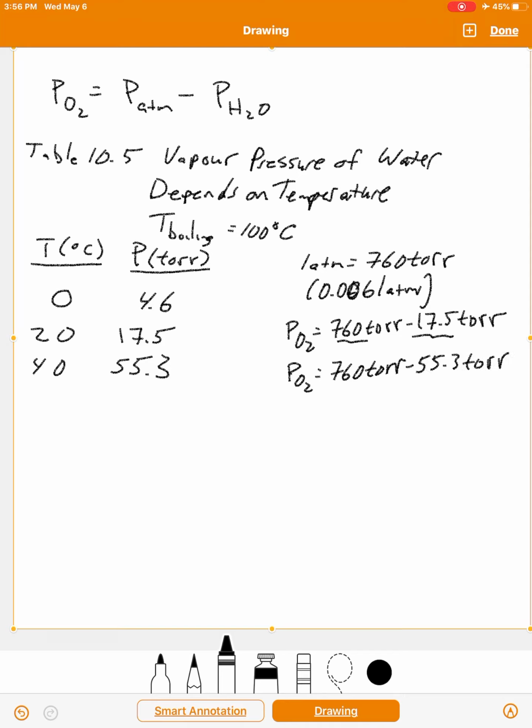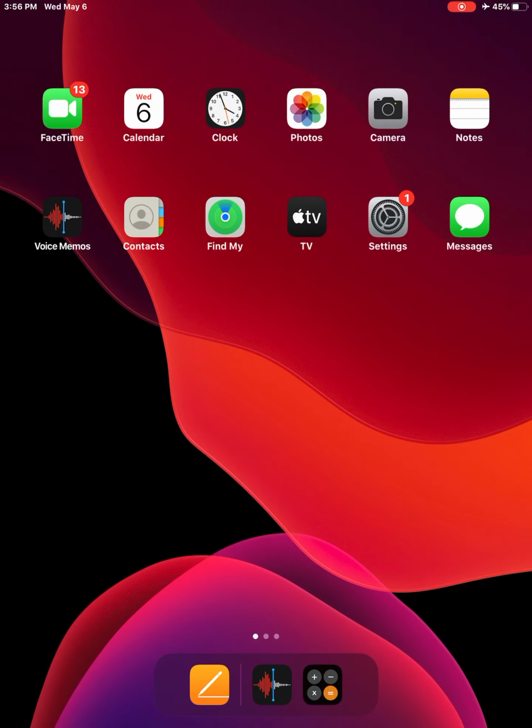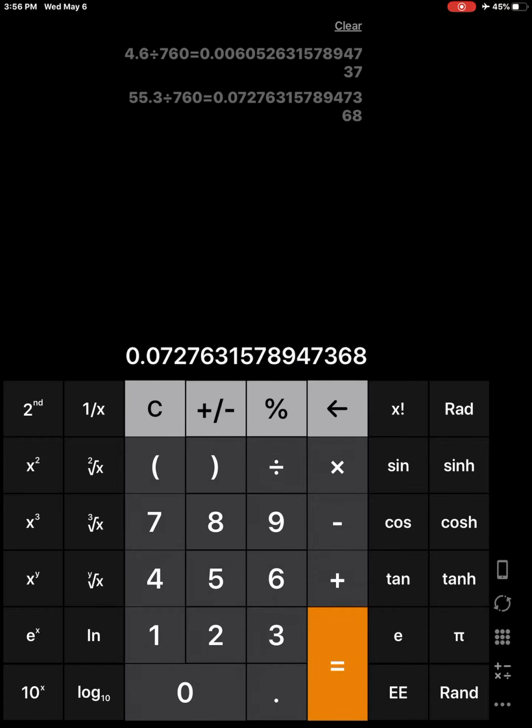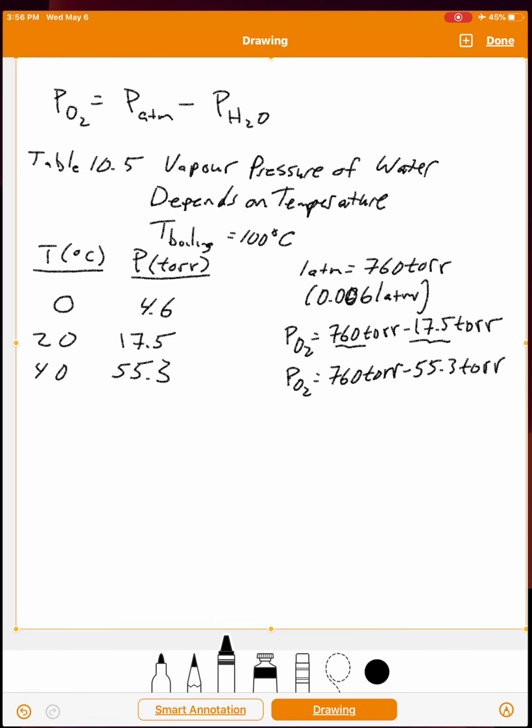Okay, now that is real significant, right? 55.3 divided by 760 is about 0.07. So that's about 7% of an atmosphere. So that's not insignificant.